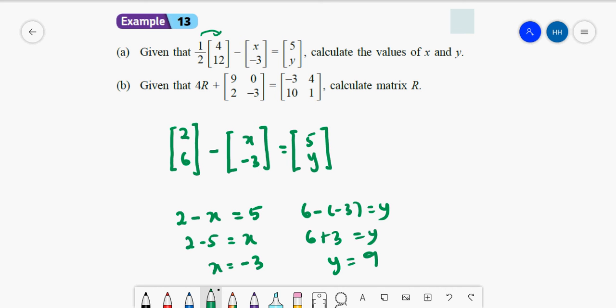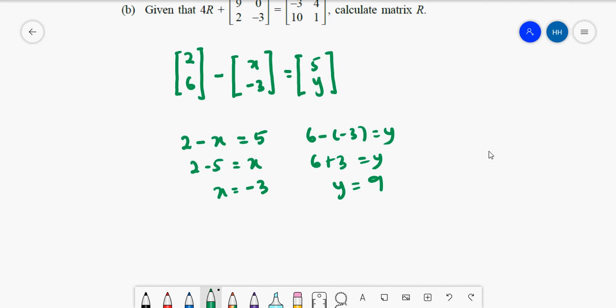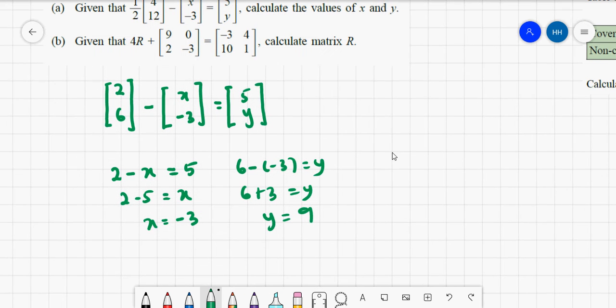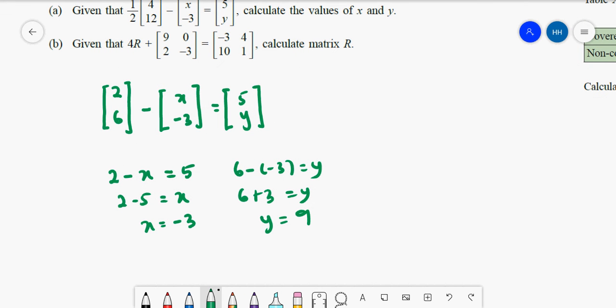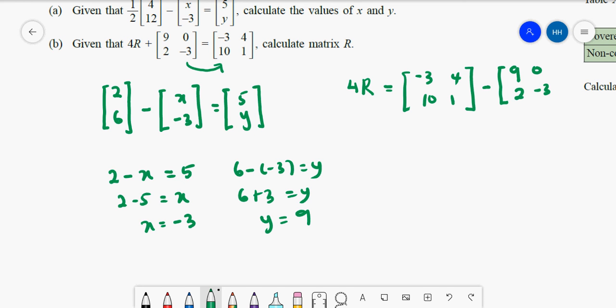Okay, and then for question B, you need to find the matrix R. So like a linear equation, R is equal to negative 3, 4, 10, 1 minus, it becomes minus 9, 0, 2, negative 3.